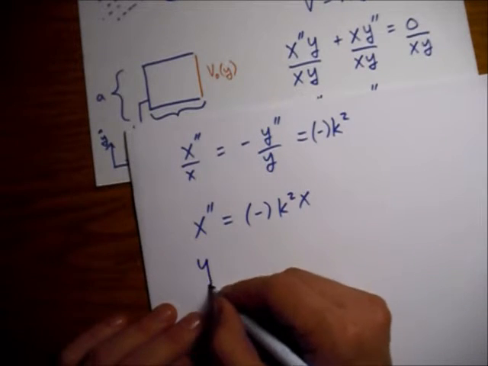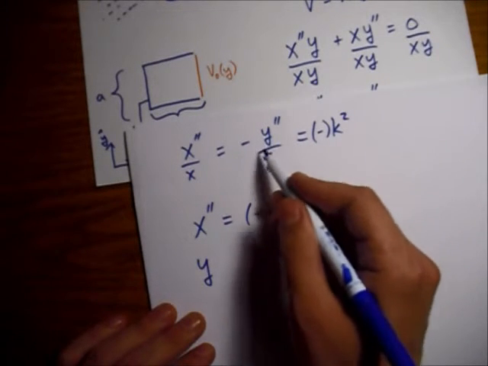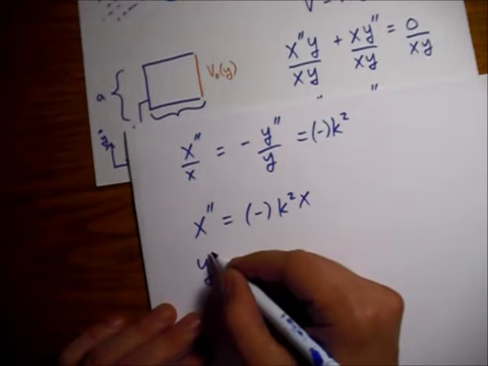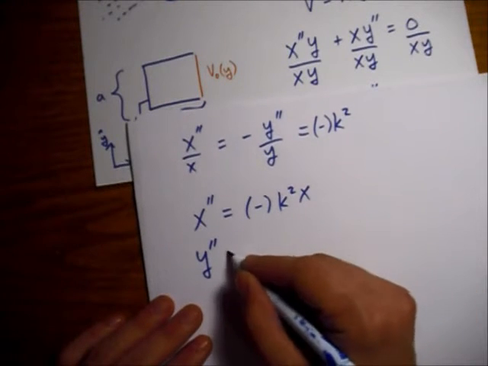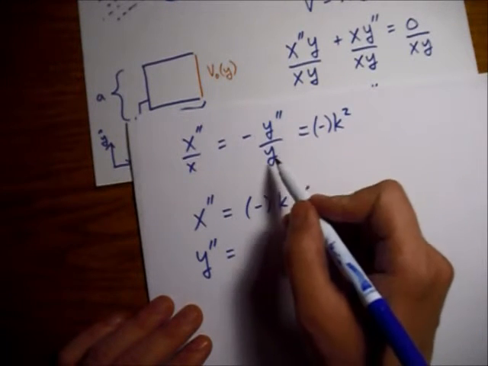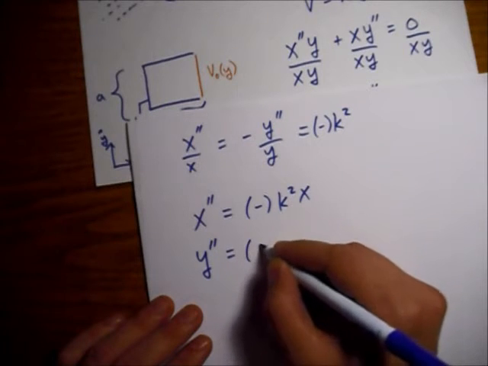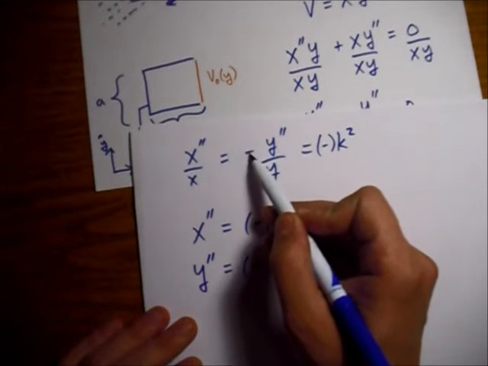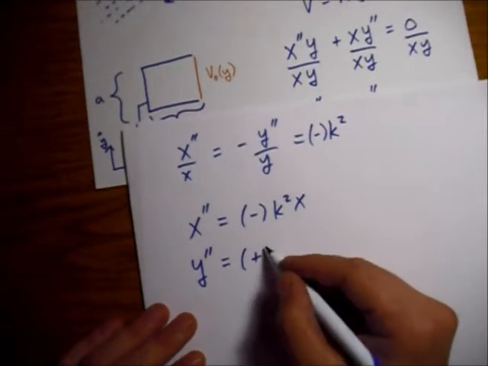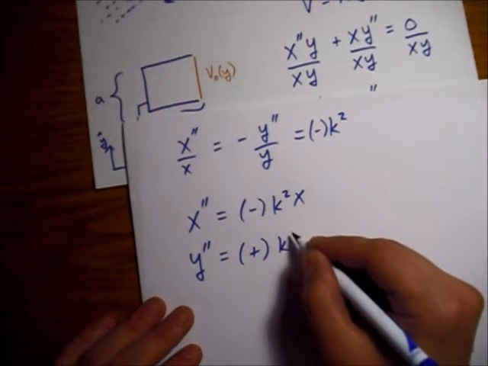Then for Y double prime, I'm going to divide both sides by this negative and put a plus sign in parentheses. I hope this doesn't get too confusing.